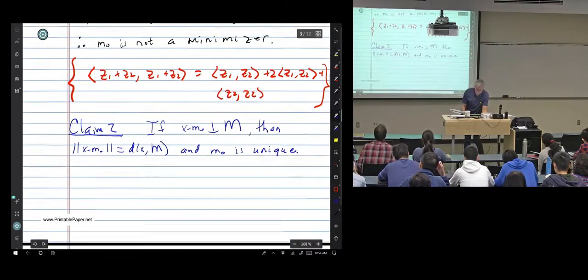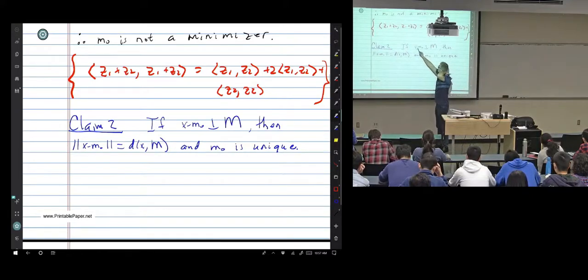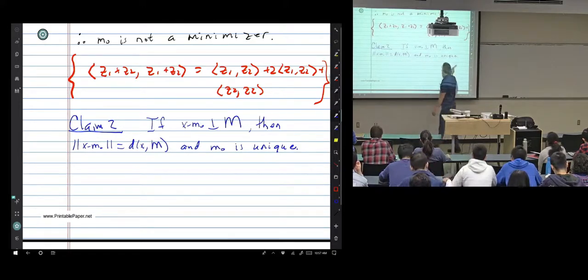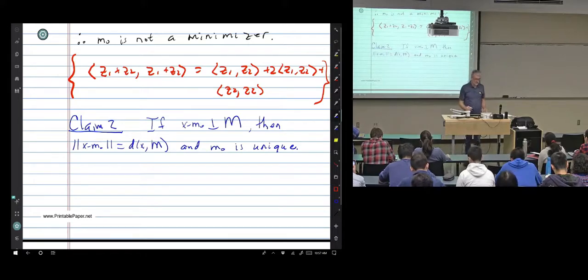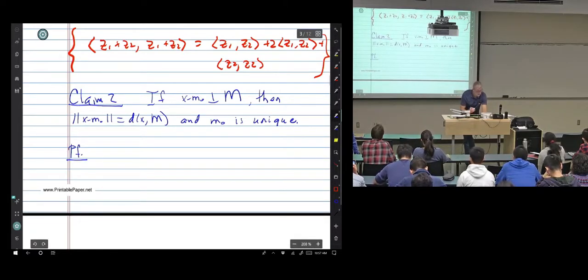Okay? If M0 satisfies that the approximation error is orthogonal to the subspace M, then bingo. Okay, let's prove that. Proof.